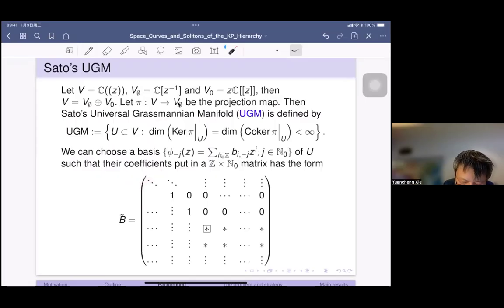For example, this is the first function in this basis, and we expand it in terms of z to the i's, and we put the coefficients in the first column. Then we take another function in this basis, expand it as a Taylor series, and put its coefficients into the second column, etc.